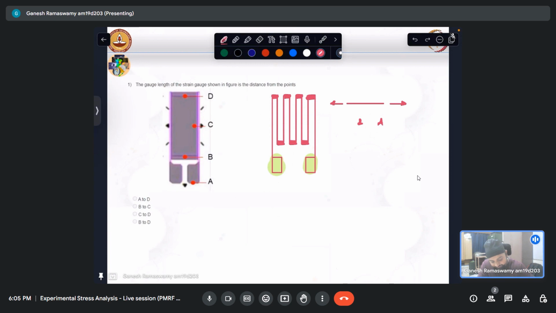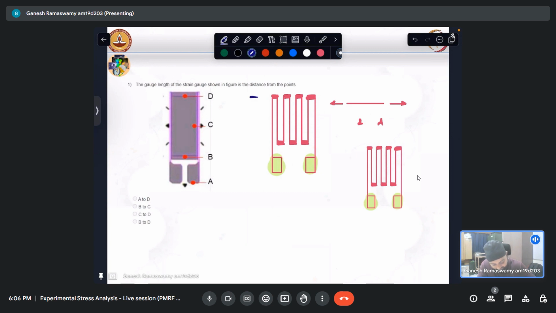So with that preamble, if we revisit this, we can see that this is nothing but the bulb where we will solder the tabs and connect it to our strain gauge amplifier in order to read the strain. And then the wires go like that. So if I superimpose this over that, and then stretch it, I will get my wires like that. So those wires are what form the gauge length.